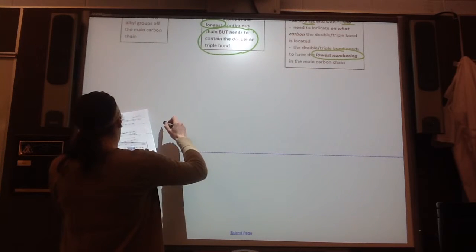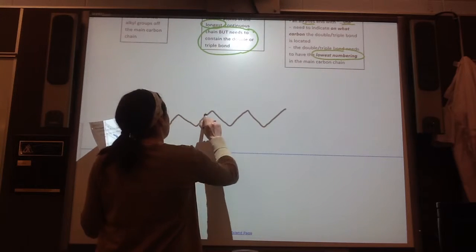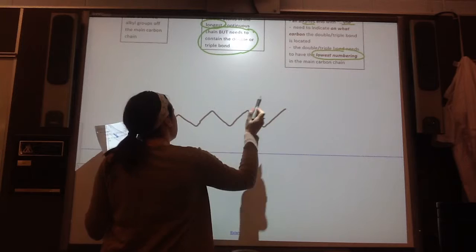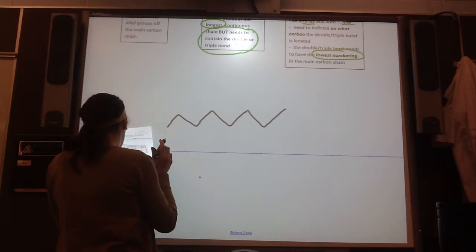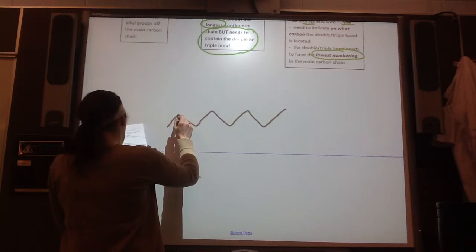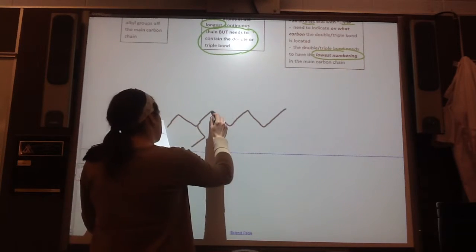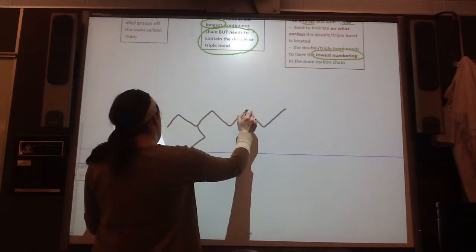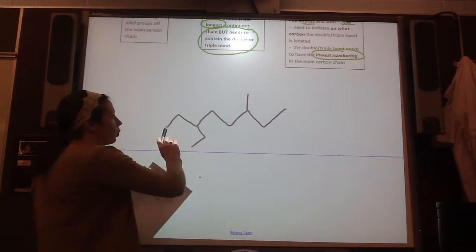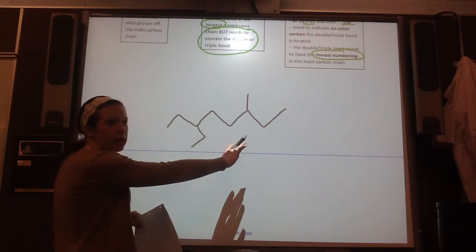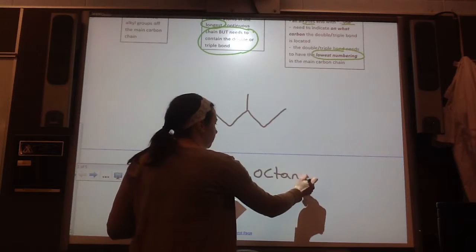You had one with an 8-carbon chain, numbered 1 to 8, with substituents on 3 and 6. We identified this as an 8-carbon chain, so it ends in octane.